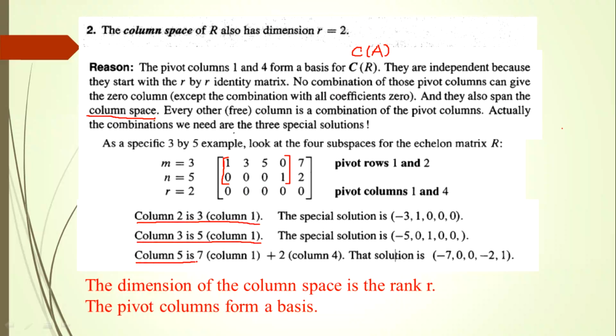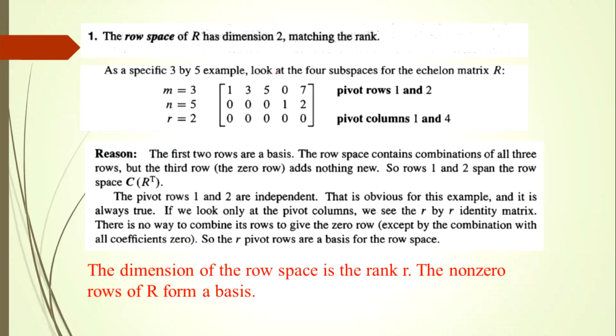And column 5 is a linear combination of the two pivot columns, right? So free columns are dependent. We can use a linear combination of the pivot columns, or independent columns, to express the other 3 free columns, right? So that is about the column space. We will discuss the null space after the row space, okay?